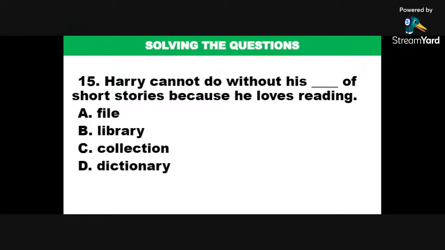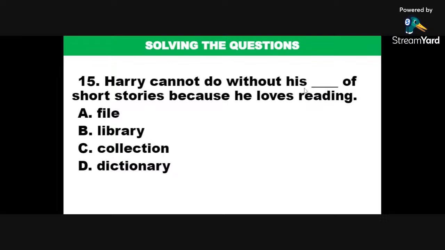So collocation is an applicable principle here, a word that should go with short stories. And then your knowledge of grammar also is important here, because in grammar we learn about collective nouns.